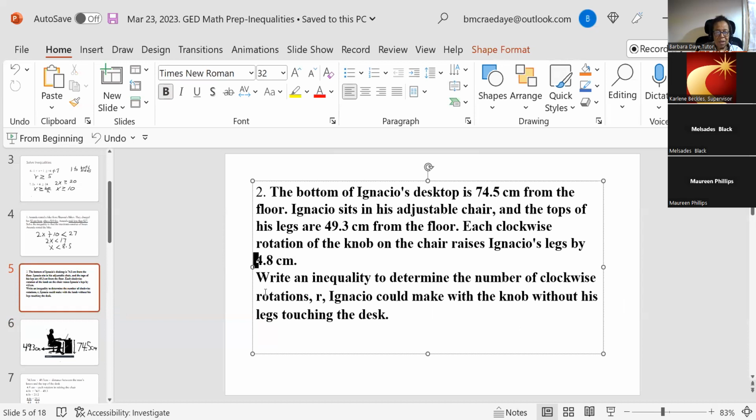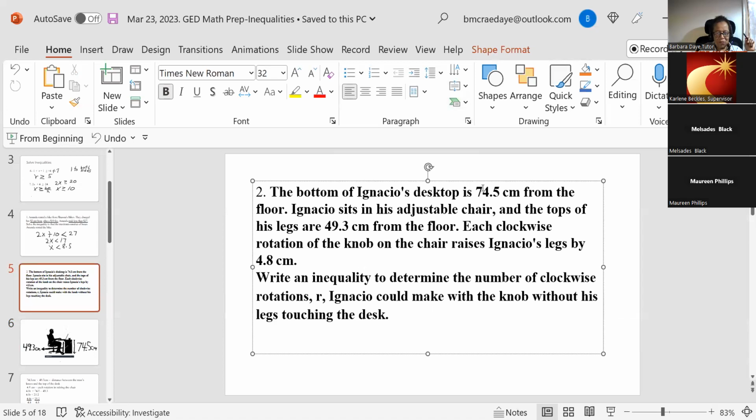Okay. So I want you to write an inequality to determine the number of rotations he would have to make with the knob without his legs touching the desk. You got an idea of how you would do that? No. I got to concentrate.